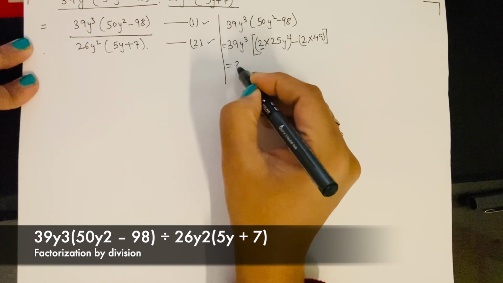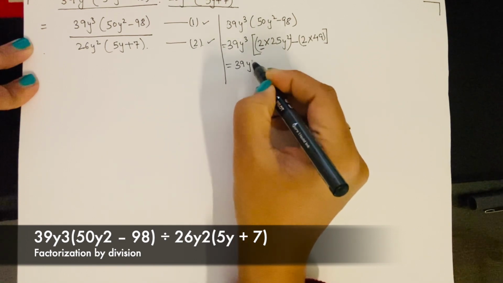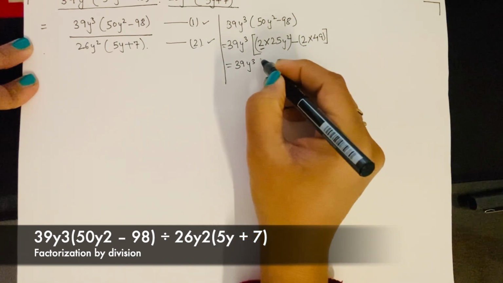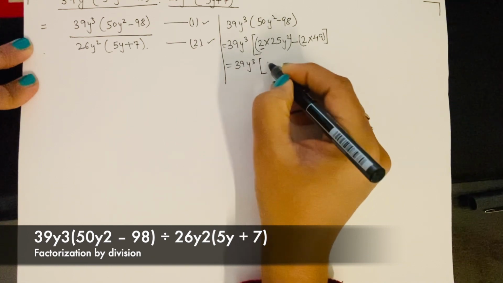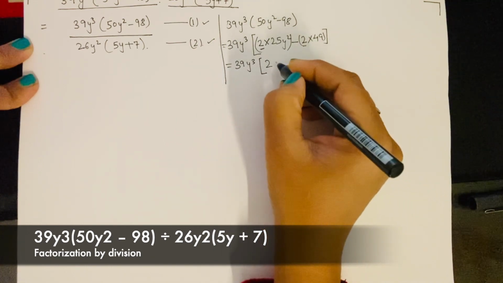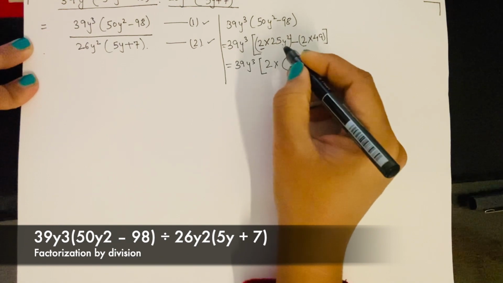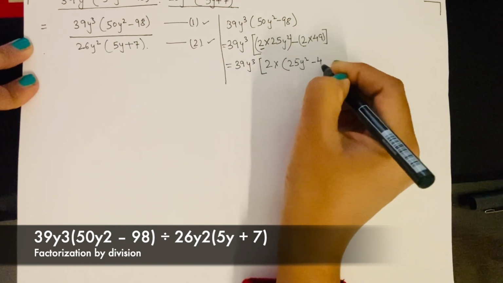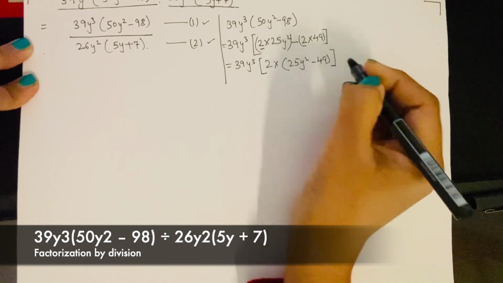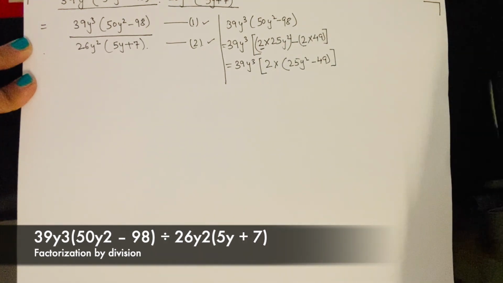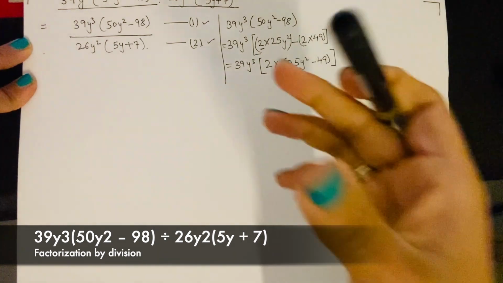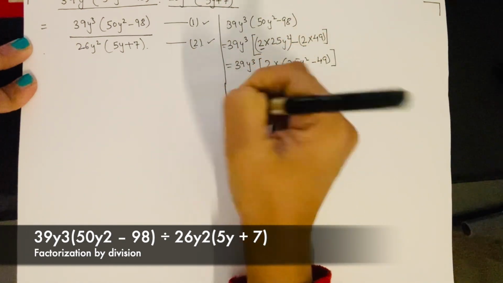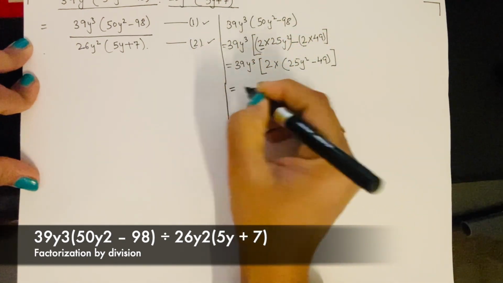So let's solve it. 39y cube, and in bracket take out the common factor 2, and then what is left? 25y square minus 49. Now we can easily factorize it further.